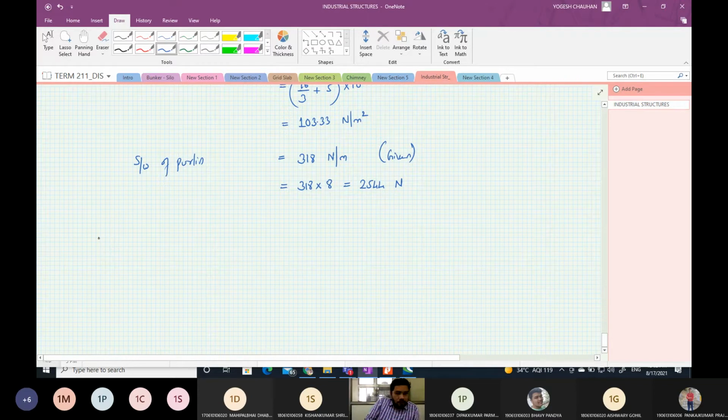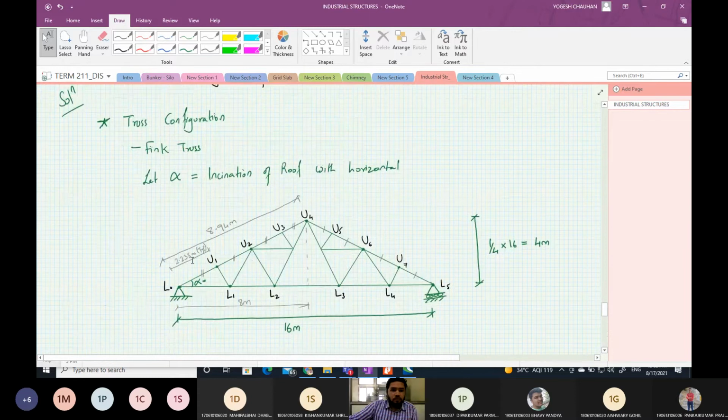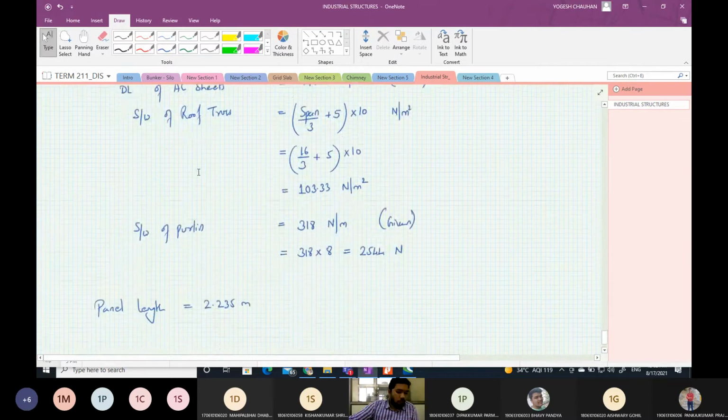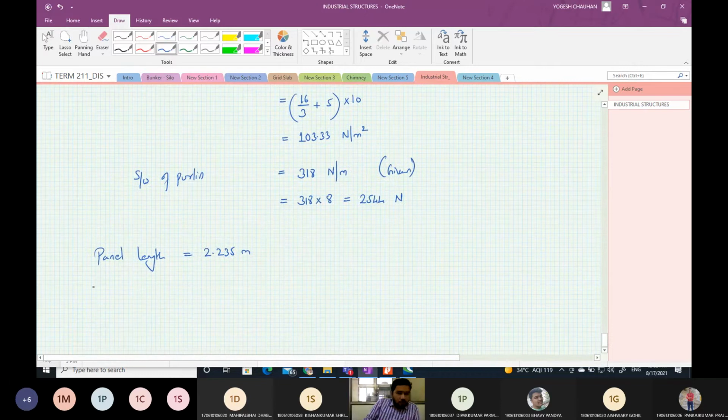So now the panel length is 2.235. The plan length of this panel will be 2.235 cos alpha, that is 2.235 multiplied by cos 26.566 degree.